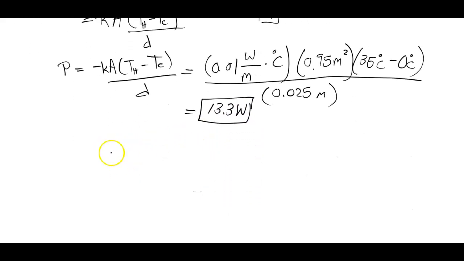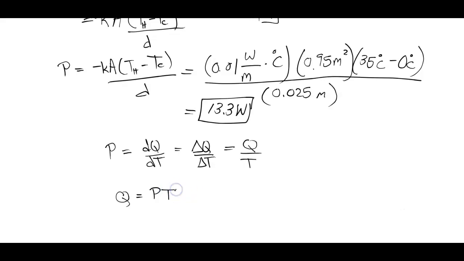And if we look at the formula that P equals dQ over dt, we can rewrite this as delta Q over delta t for certain properties, and we can generalize that this is just the ratio of energy over time. So the energy itself is going to be the power times time. This is time, not temperature, sorry.